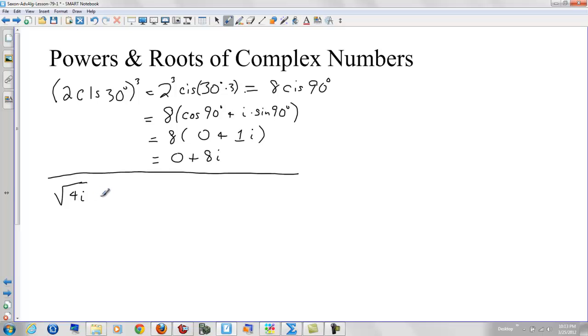Well, first thing we need to recognize is that we want to write 4i in its complete complex form, which is 0 plus 4i. And then change 0 plus 4i into complex polar form.